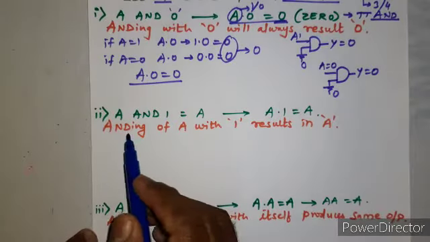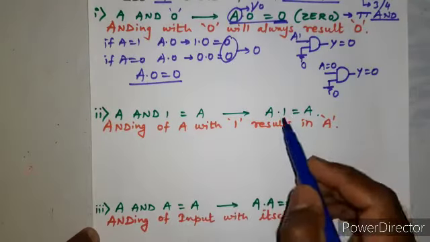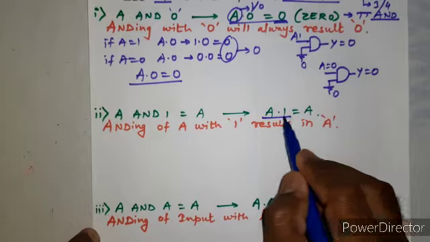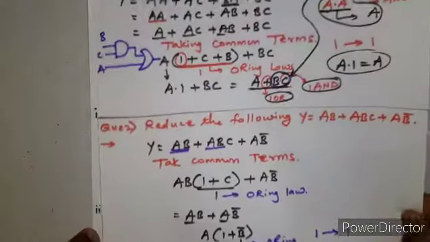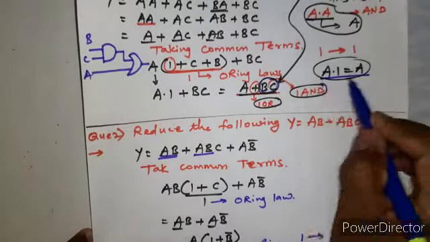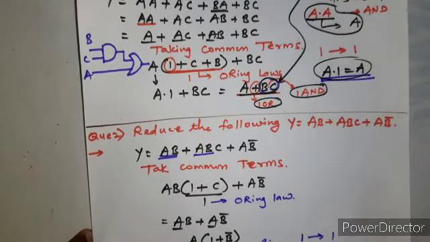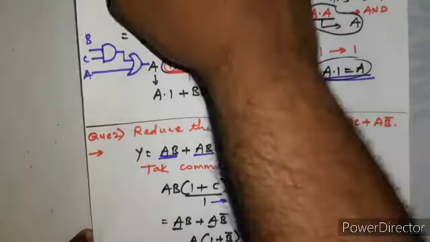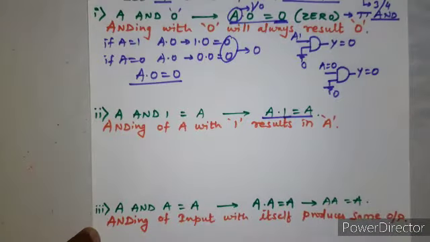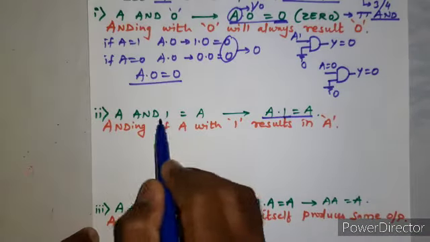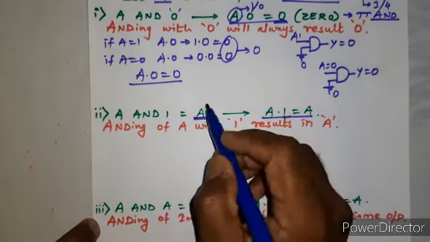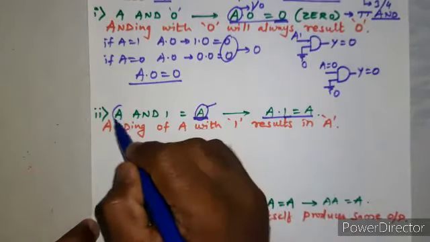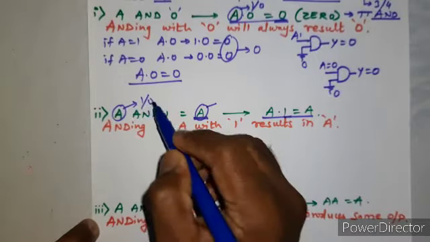Now the second law. The second law states that A dot 1 equals A. We have just seen this in the previous example. If you want to verify this, A and 1 will always give you A. Now this A can be 1 or 0.